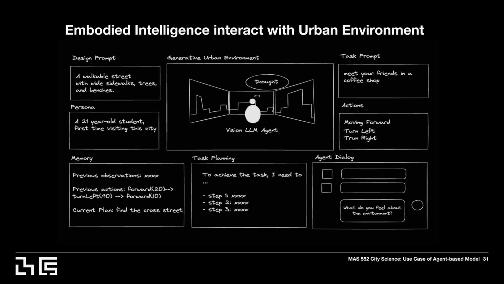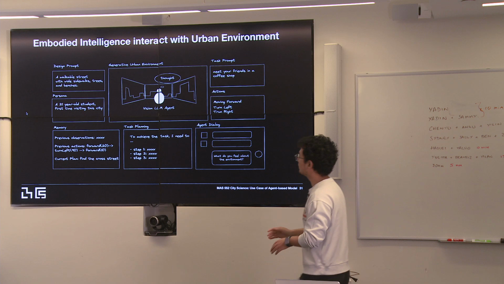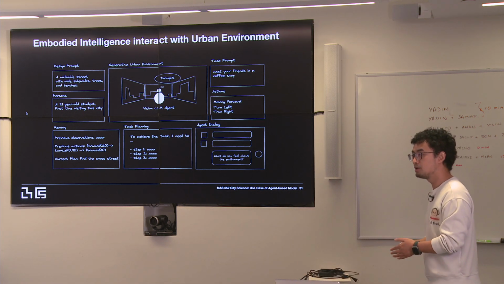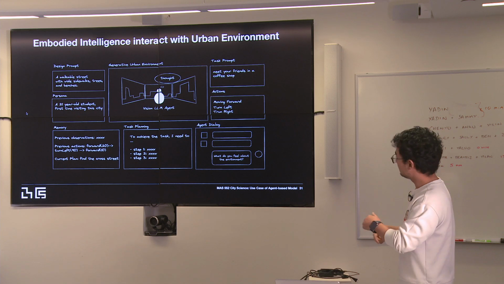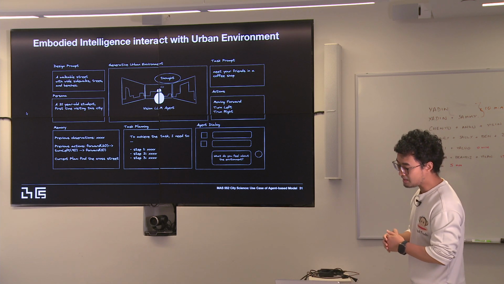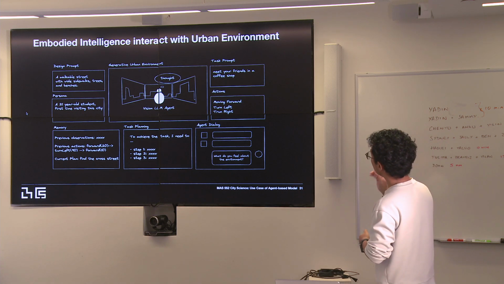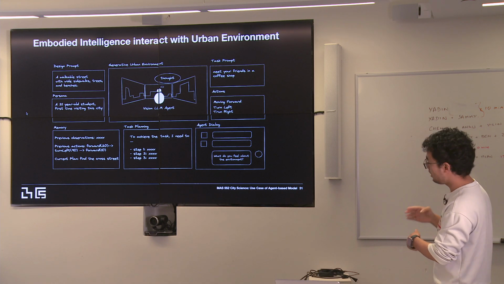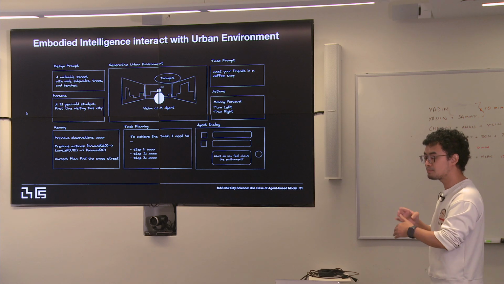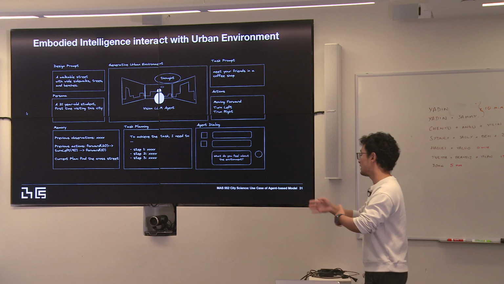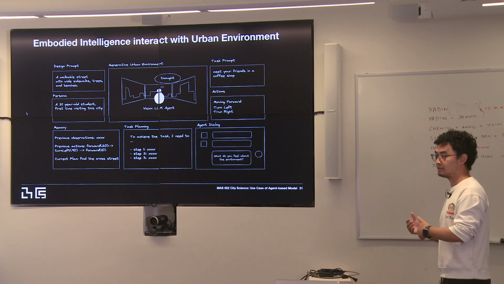In this demo, users can use design prompts to change the environment, like adding more trees or changing the texture, the weather, or the lights in the design space. They can assign different tasks for the vision large model agent to simulate how people will react in the design space. You can also use the agent dialogue to ask the agent how it feels about the environment.